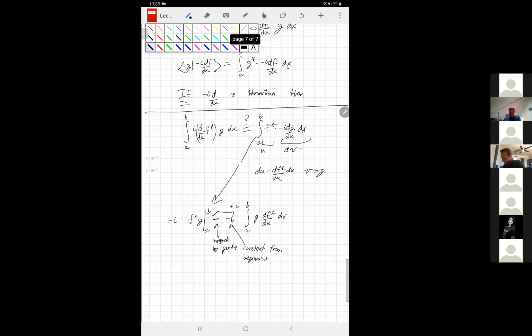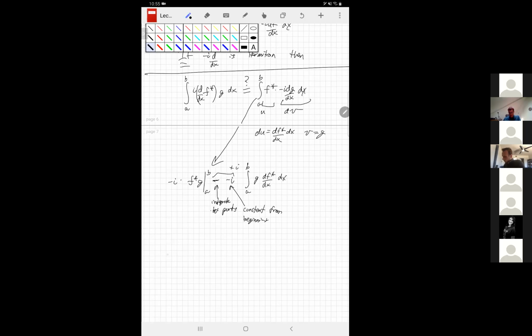And so then our basic question is, can we say, well, this whole thing turns into minus i f star g evaluated at the endpoints plus i integral from a to b of g df star/dx dx.